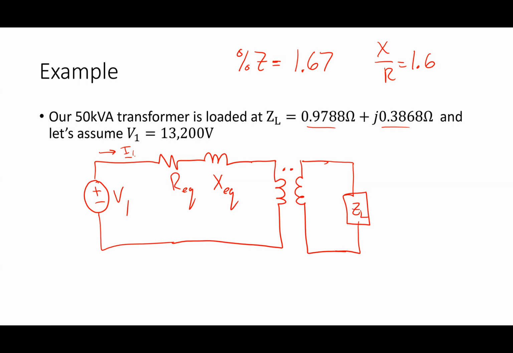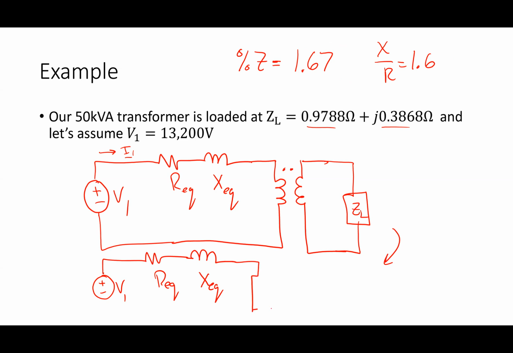Well, I don't know REQ and XEQ, right? I just know this percent Z and all this stuff, right? How can I figure out what REQ and XEQ actually are? Well, yeah, KVL can help me get to I1, right? So I probably want to do that reflecting thing again, don't I? I want to get this into, here's V1, here's REQ, and here's XEQ.